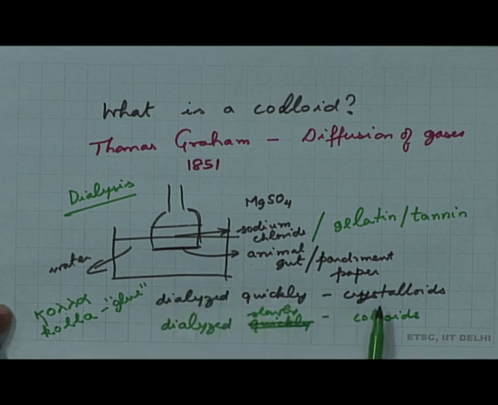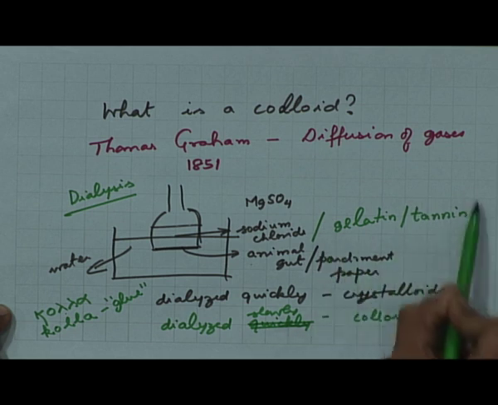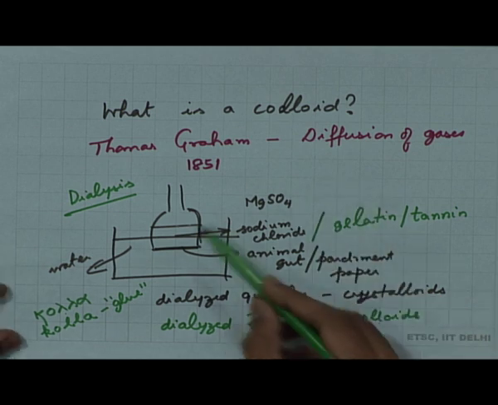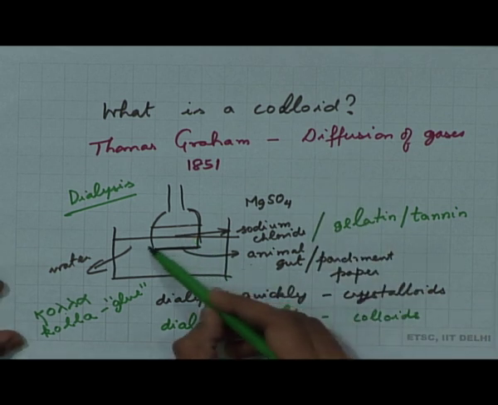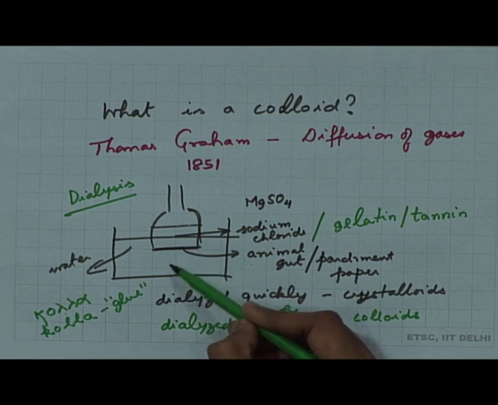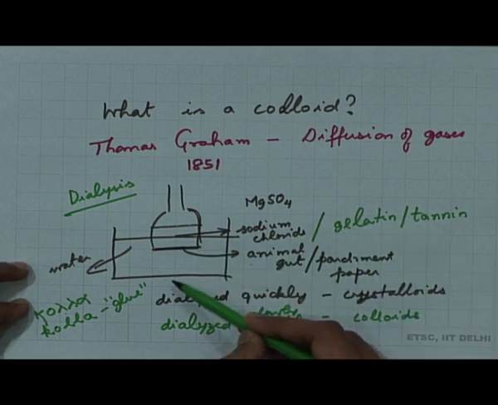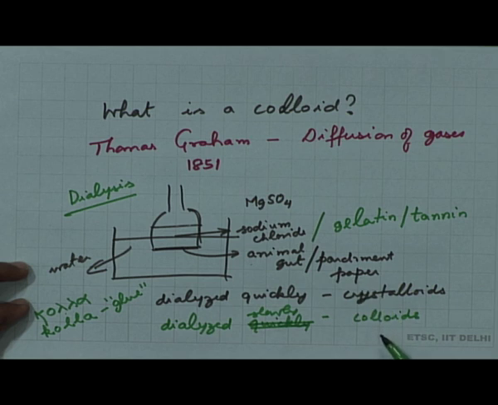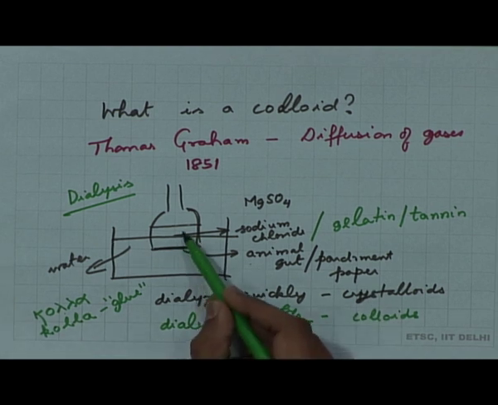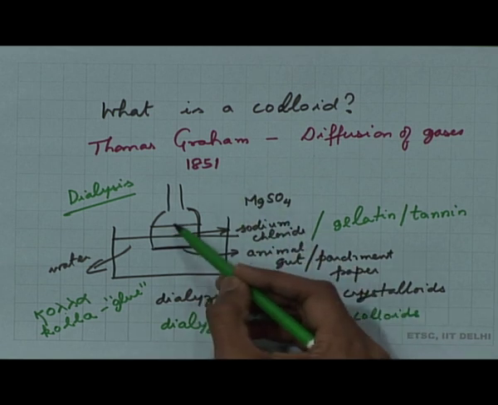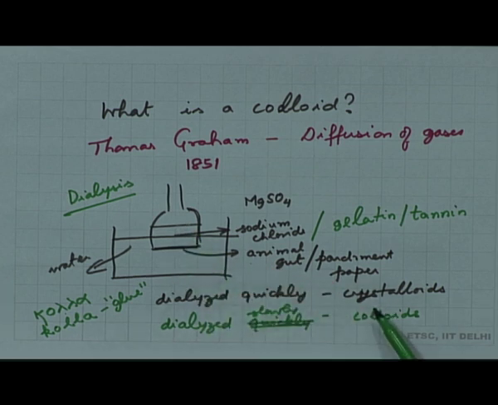So, what he meant was that there was something about these kinds of substances which held them together, which did not allow them to go through this membrane into the water. So, there was a glue that held these kinds of compounds together, and that is what he considered to be colloids. So, the class of compounds that did not easily undergo dialysis, he called colloids, and those that easily went across the membrane, he called crystalloids.